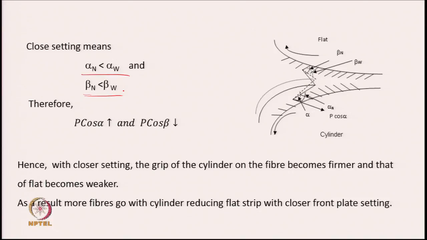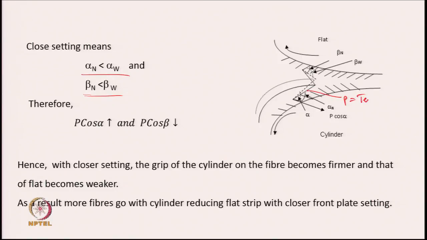Therefore, P cos alpha will be increasing and P cos beta will be decreasing, where P indicates the tension on the fiber. Hence, with closer setting, the grip of the cylinder on the fiber becomes firmer and that of the flat becomes weaker.